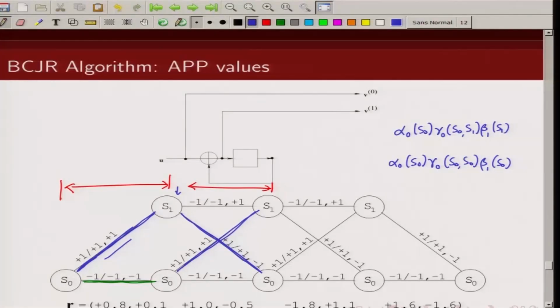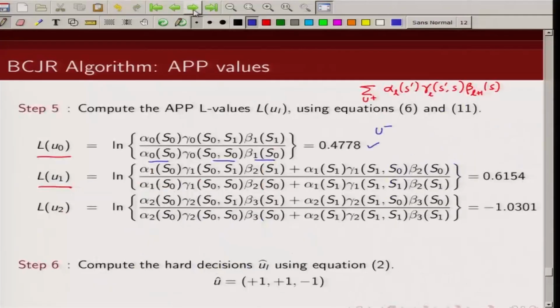So, these are the two transitions corresponding to UL being plus 1. In the numerator you will have two terms: alpha 1 S 0, gamma 1 S 0 S 1 times beta 2 S 1, and another term corresponding to the other transition, alpha 1 S 1 times gamma 1 S 1 S 0 multiplied by beta 2 S 0.